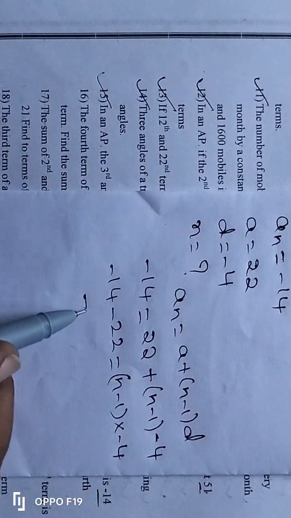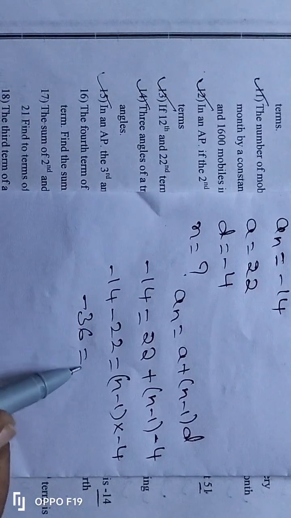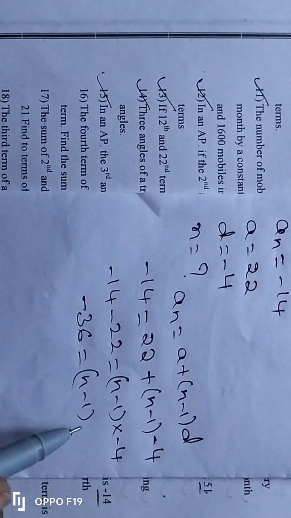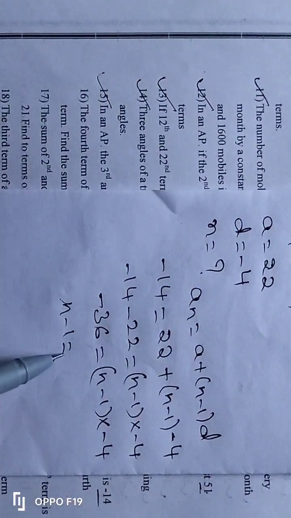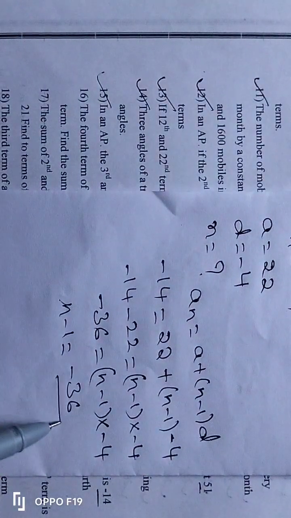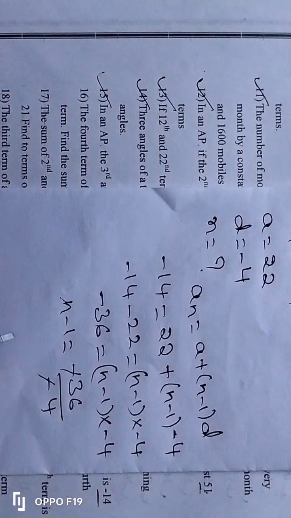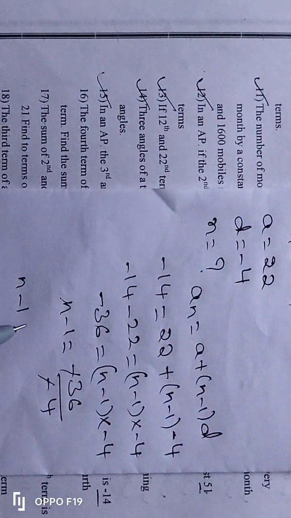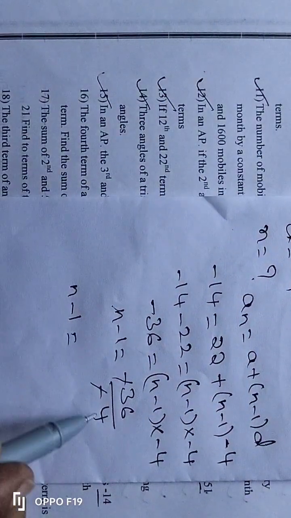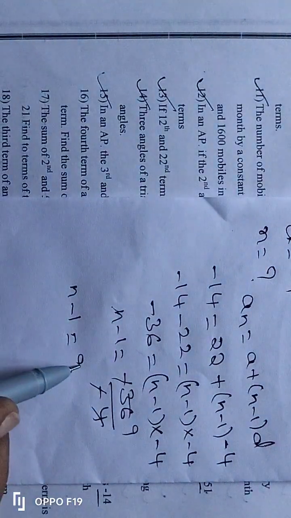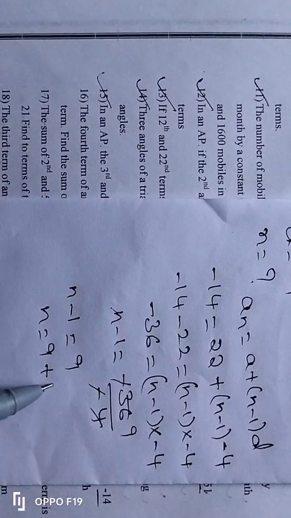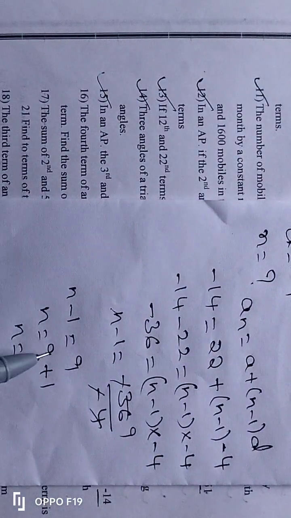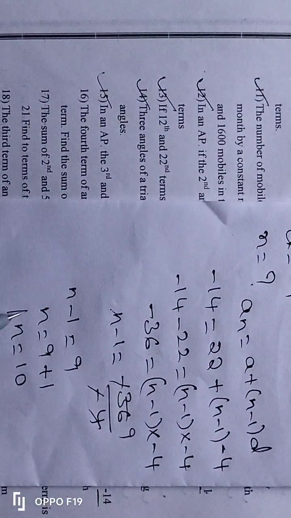Minus 14 minus 22 is minus 36, is equal to n minus 1 into minus 4. N minus 1 is equal to minus 36 by minus 4. Minus minus cancel. N minus 1 is equal to 9, since 4 nines are 36. If we shift minus 1, plus 1, n is equal to 9 plus 1, which is 10.